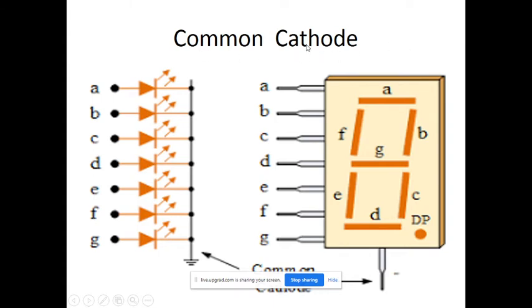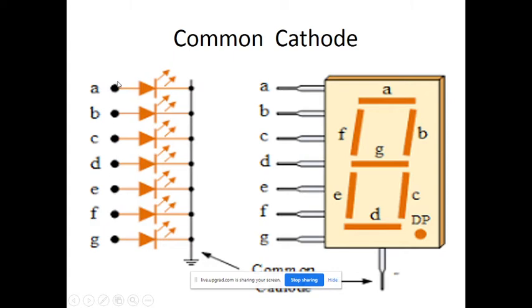In common cathode configuration, all cathodes are connected together and connected to ground. In that situation, these terminals A, B, C up to H are coming from the controller.